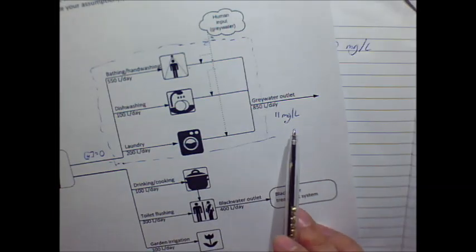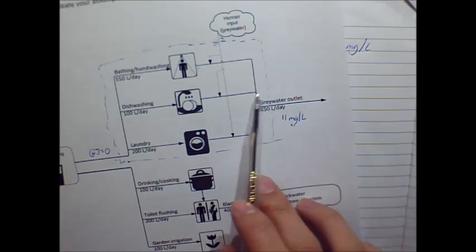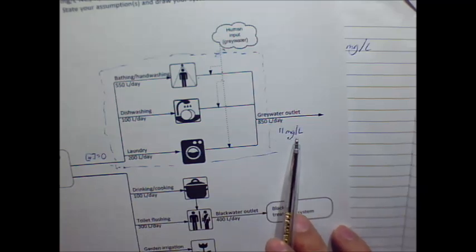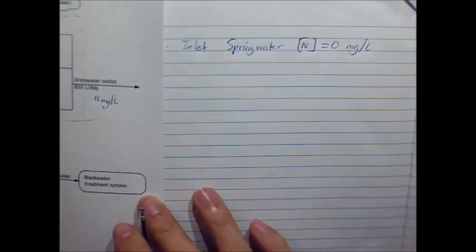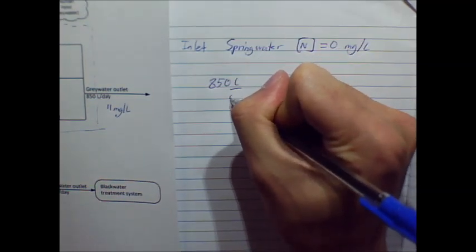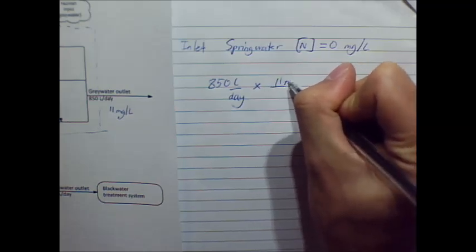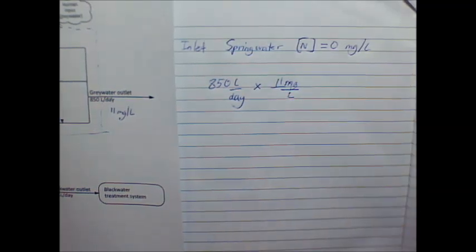Now, what we have over here is a concentration and a flow rate, but we want to know how much nitrogen is in the stream, not just the concentration of nitrogen. So we need to work this out. We can take our 850 litres per day and multiply that by our 11 milligrams per litre of nitrogen.